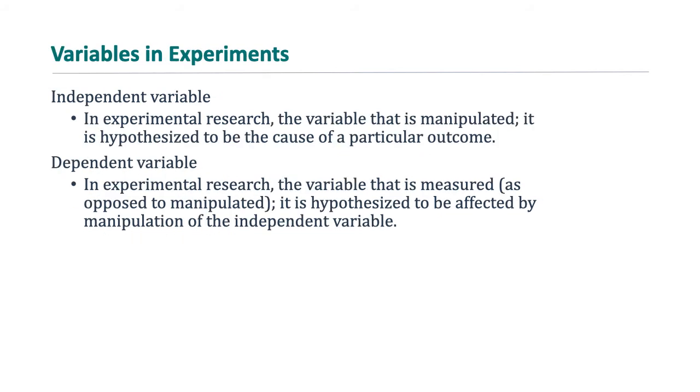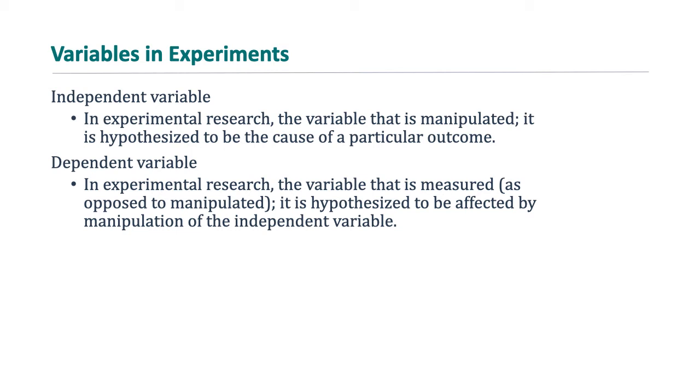Now, when we do an experiment, therefore, we have two variables that we're considering. There is the independent variable and the dependent variable. In experimental research, the independent variable is the one that we manipulate. It's the one that we make some kind of specific difference to create conditions in the study. And the dependent variable is the variable that is measured as an outcome.